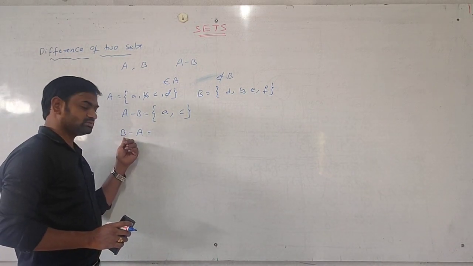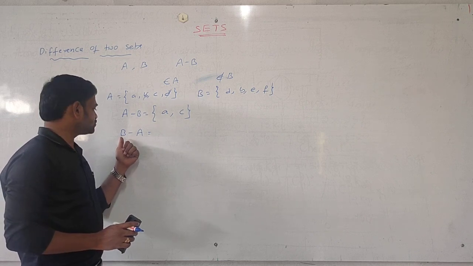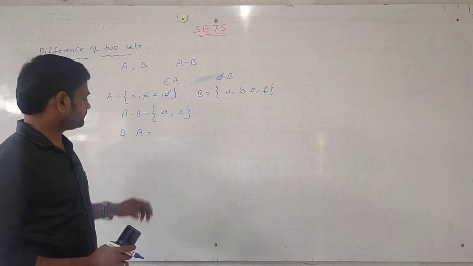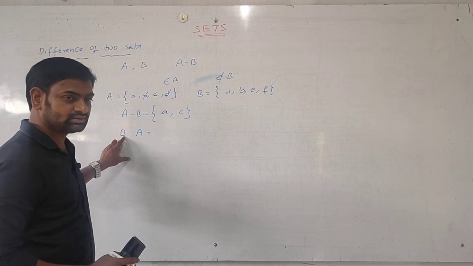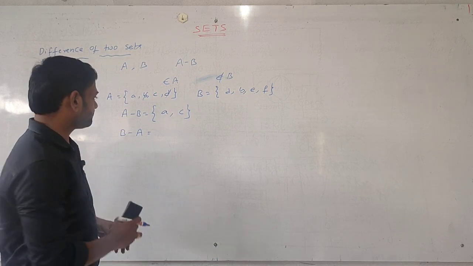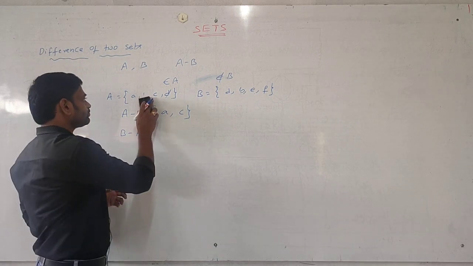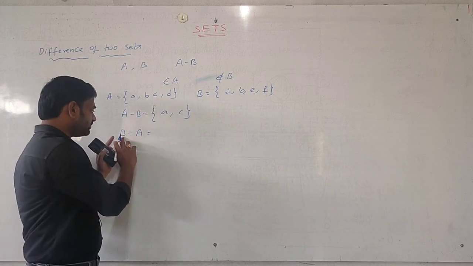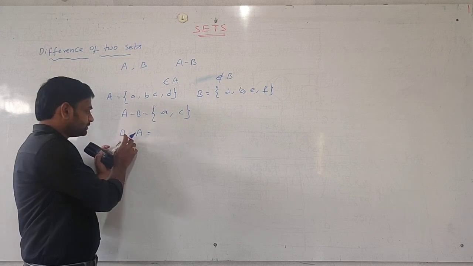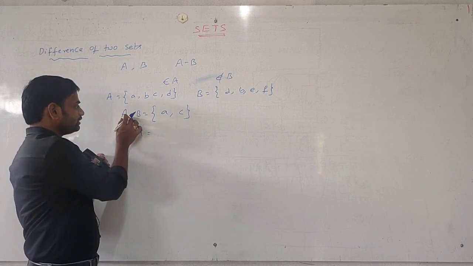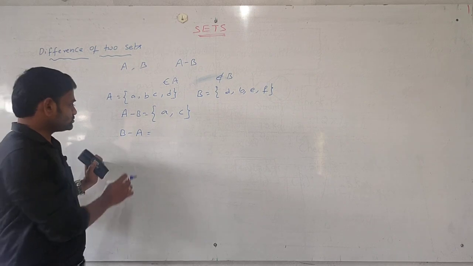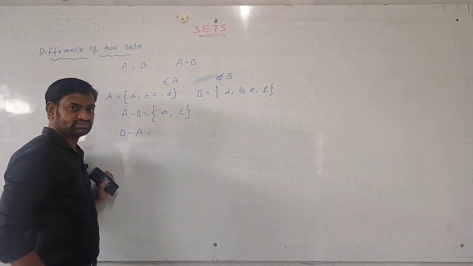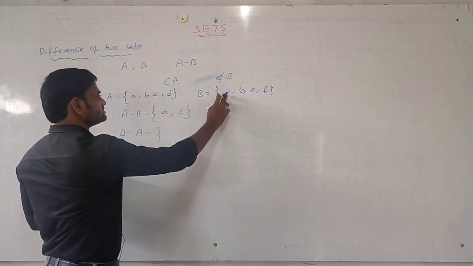The elements belonging to B and not belonging to A. The elements belonging to B and not belonging to A. That means we have to write B elements, and from the B elements we have to eliminate A elements.